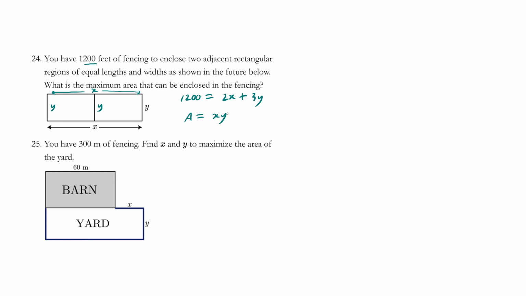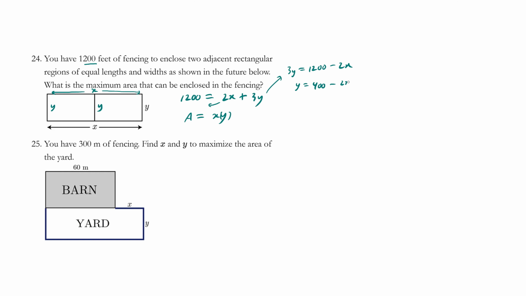We're going to replace y with the y up here. So we're going to throw 2x over. We get 3y is equal to 1,200 minus 2x. So therefore y is equal to, we're going to divide this by 3. 1,200 divided by 3 is 400.